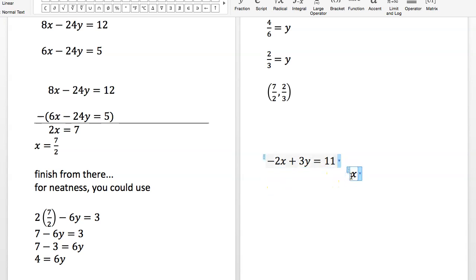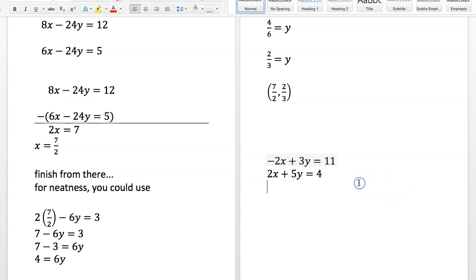And let's say they give me 2x plus 5y equals 4 or whatever. Notice we'd be crazy not to cancel the x's. Now here we add. We don't subtract this time. We add the equations, right?